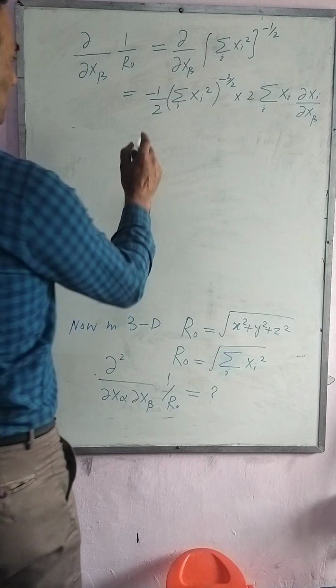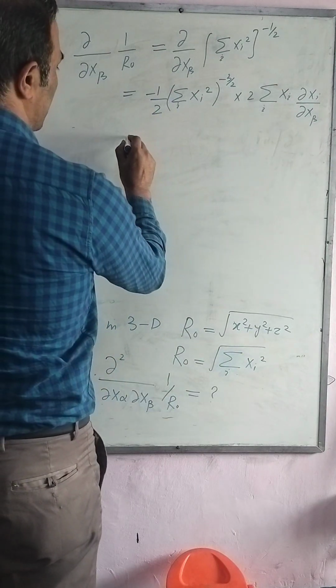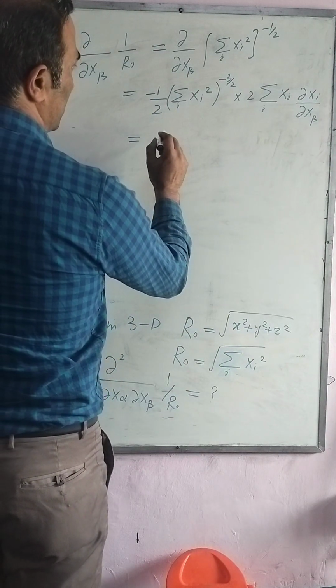Or this is equal to, so 2 will cancel here, minus.